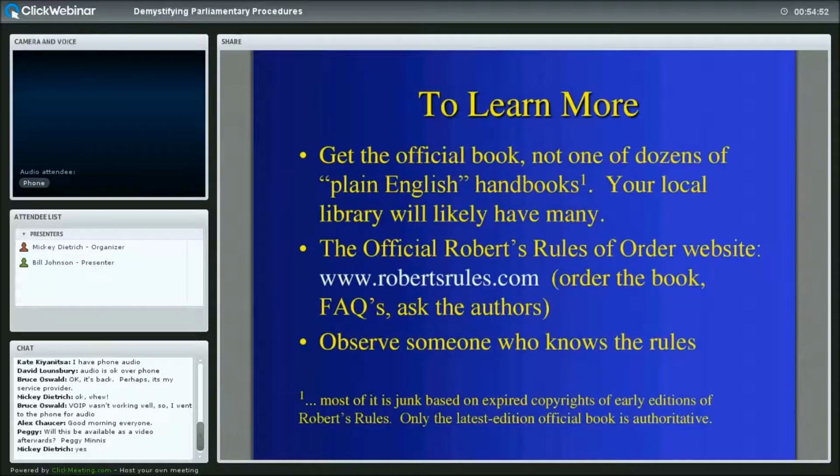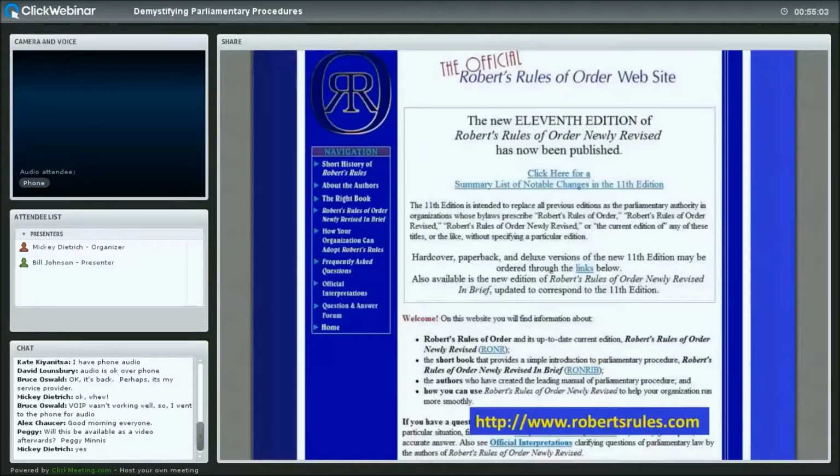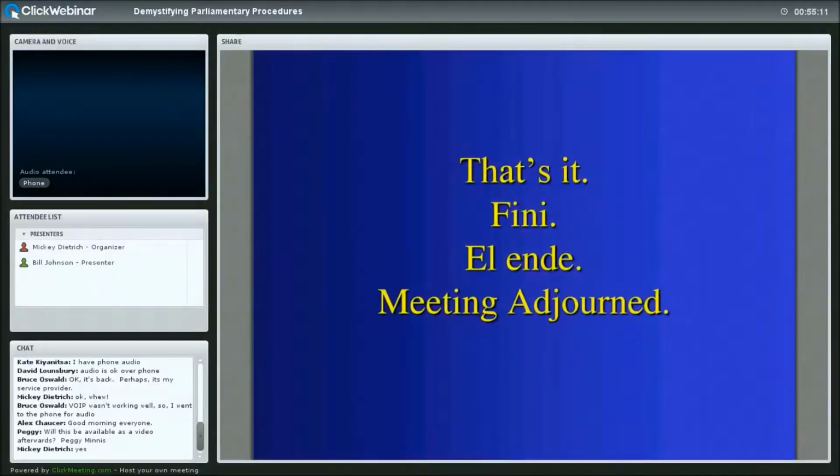But for the most part, the main steps of the process are pretty straightforward, pretty clear, pretty easy to follow, and when you do follow them, meetings go very smoothly. So this is what the website looks like, just for your information. And that's all I have.